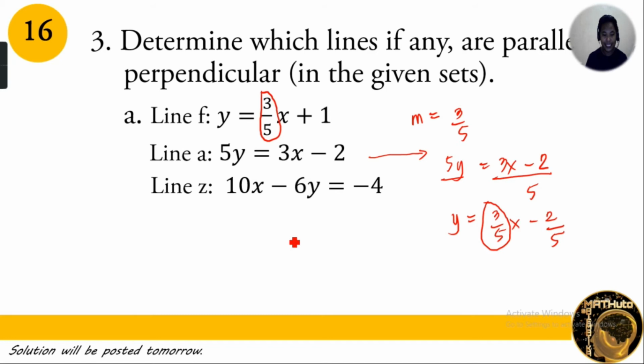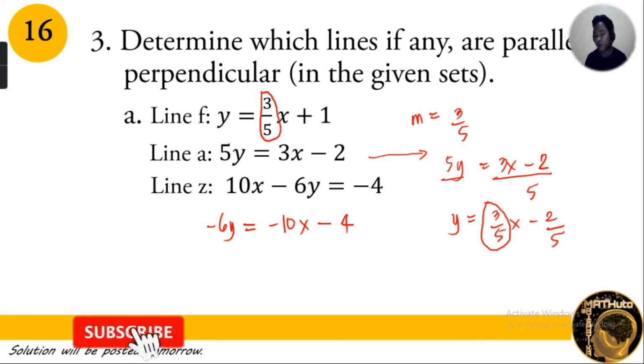For line Z, we have negative 6y is equal to negative 10x minus 4. So, ang ginagawa natin is we are rewriting this equation in slope-intercept form.